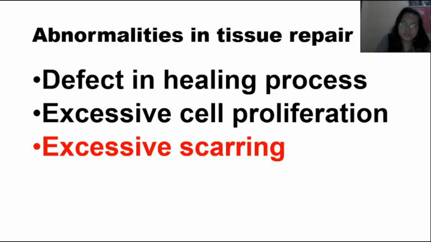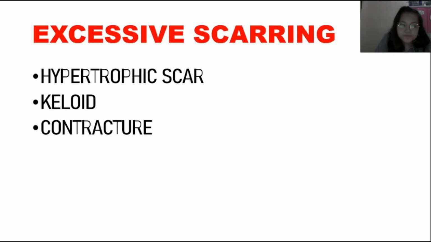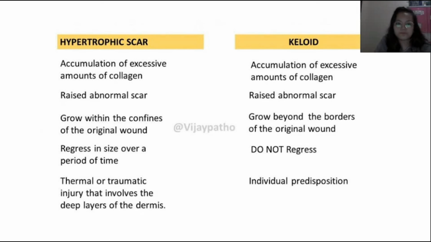And next is excessive scarring. Moving on to excessive scarring, we will discuss one by one. Firstly, hypertrophic scar and keloids. Both hypertrophic scar and keloids are because of excessive accumulation of collagen, and they are both raised abnormal scars.